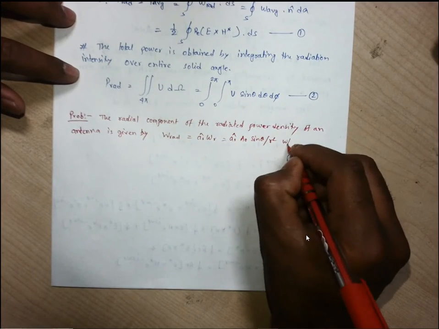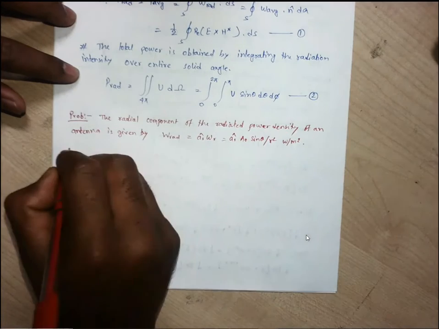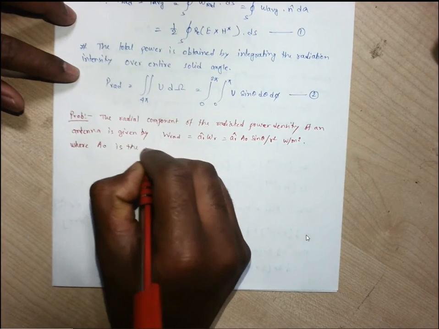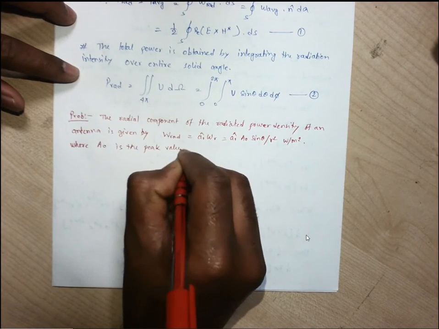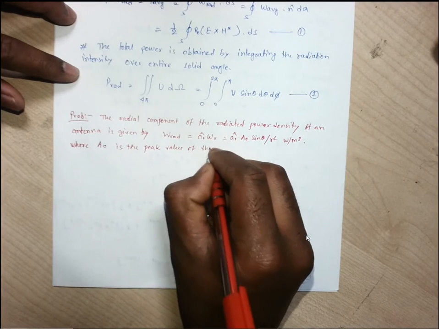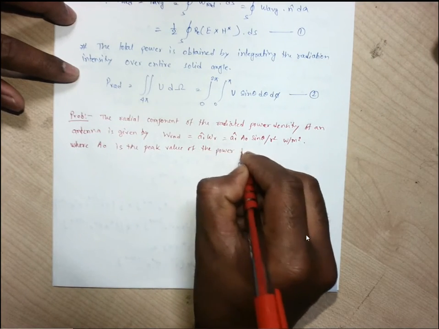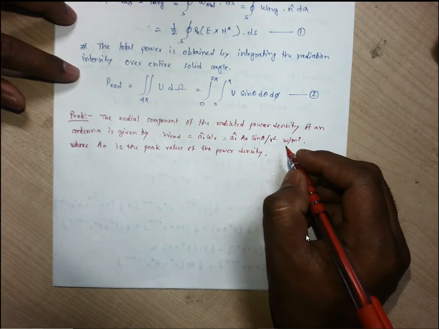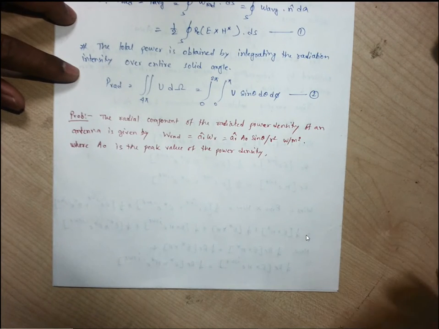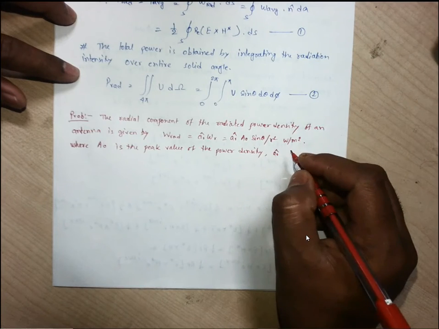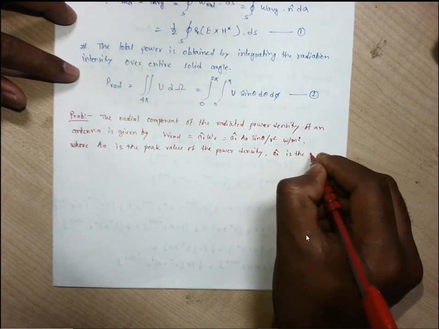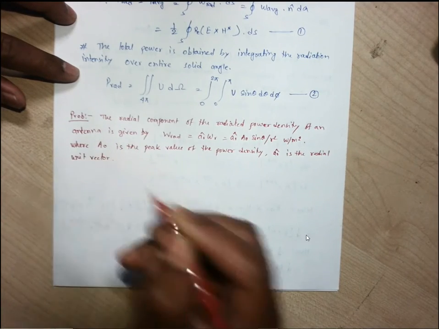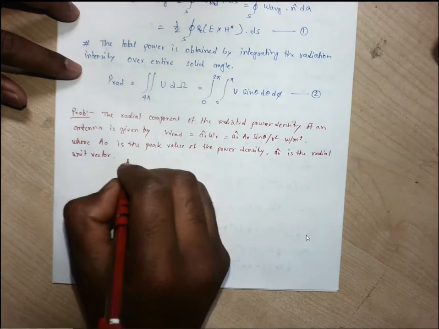The unit is watt per meter square. Here A naught is the peak value of the power density, theta is the usual spherical coordinate, and a_r is a radial unit vector. Determine the total radiated power.